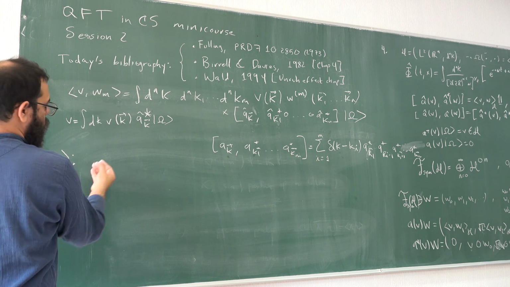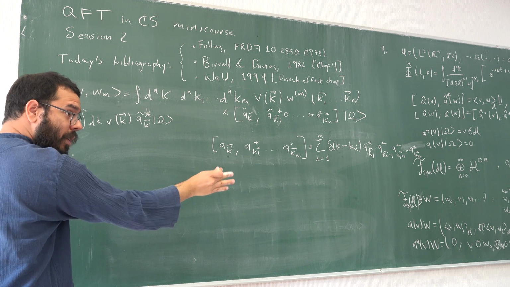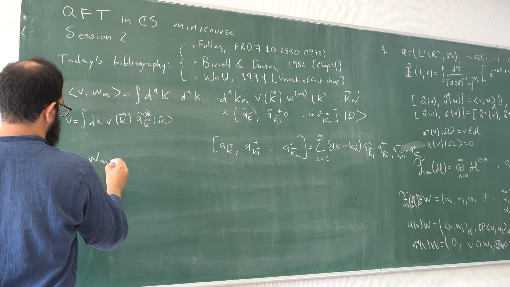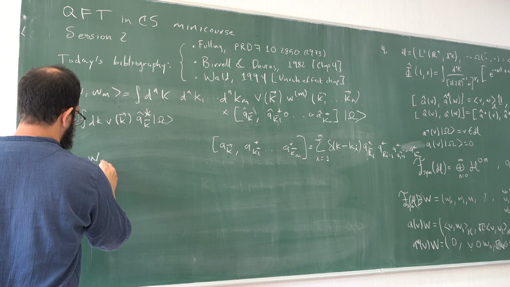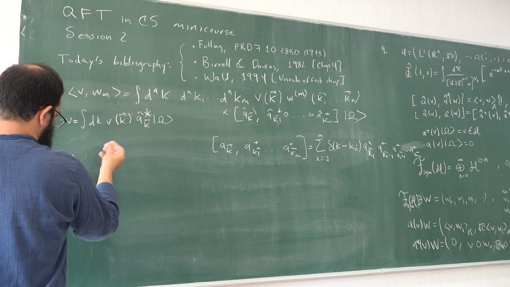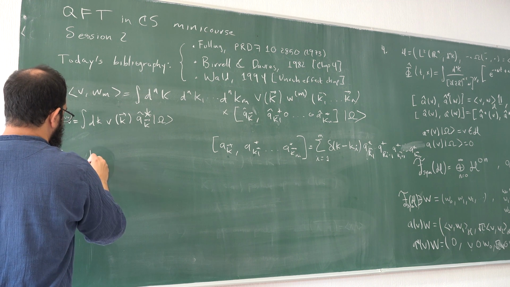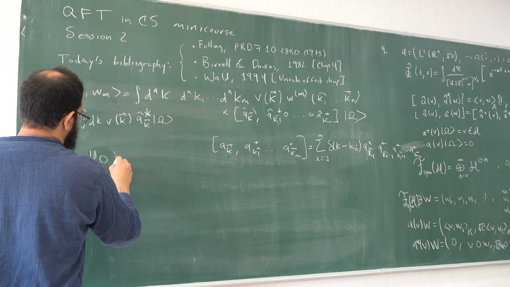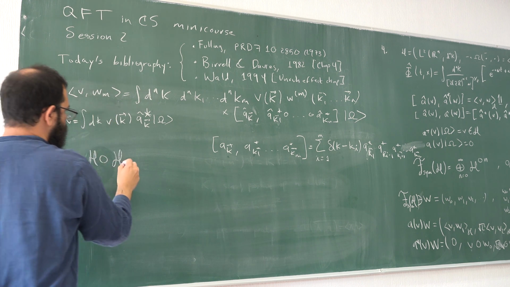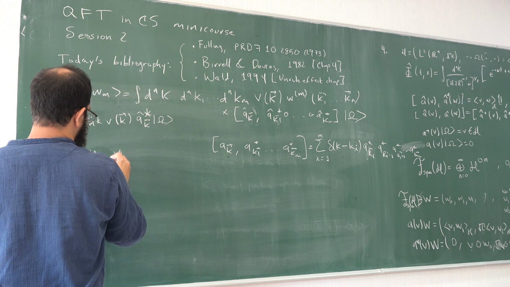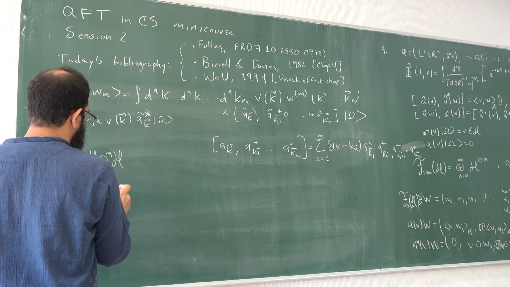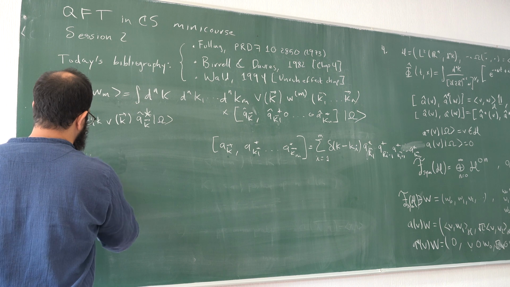This guy will act as a dual vector, and it will take W_m, which lives in... let me write it more precisely. So I'm now thinking of a pure m particle state. So this is m symmetric tensor products. All right, that's the right notation.